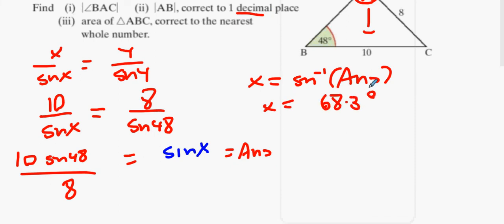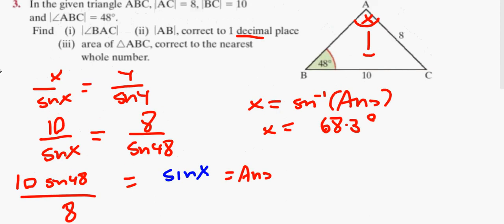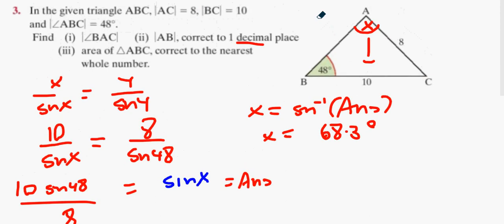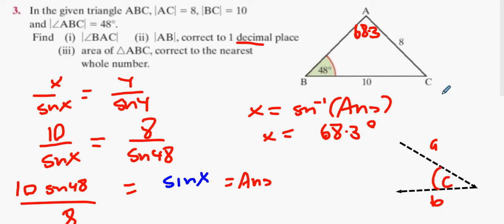The next thing it wants is the area of the triangle. Now there's a new rule for this, known as a half AB sine C. You need any two sides and the angle in between them, and the answer would be a half AB sine C, or a half XY sine Z. The letters are irrelevant.